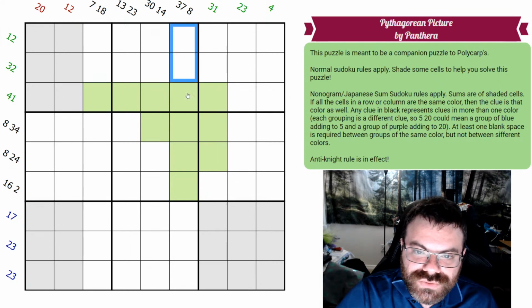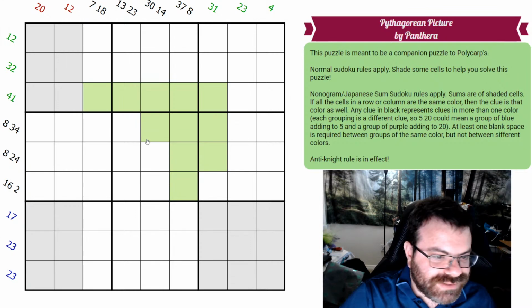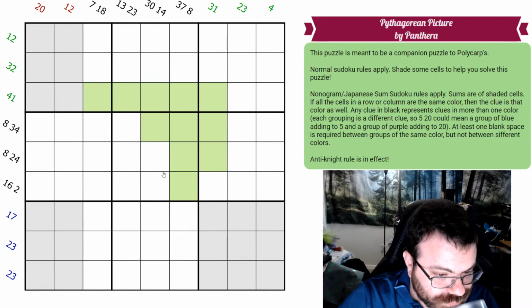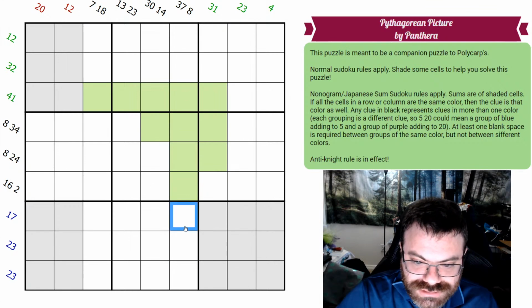Yeah, the numbers are in order of the order they appear. We've done a lot of these Panthera sum puzzles, so we know how they work. So then, yeah, this singular 8 clue is somewhere after here, and it's going to be blue.